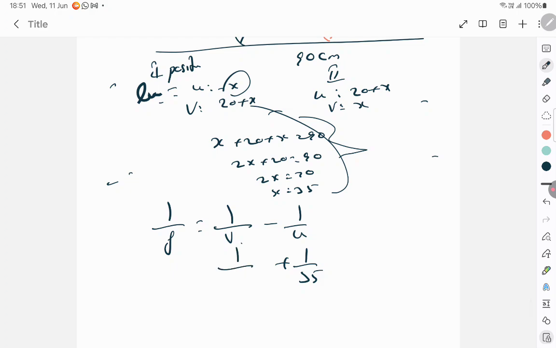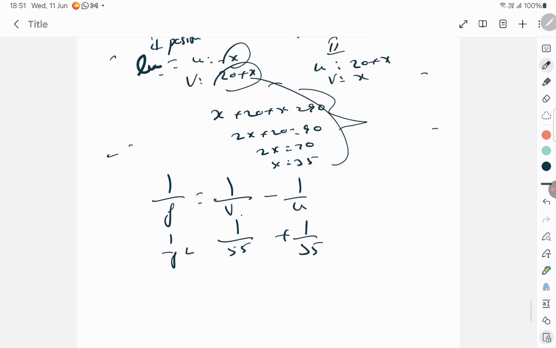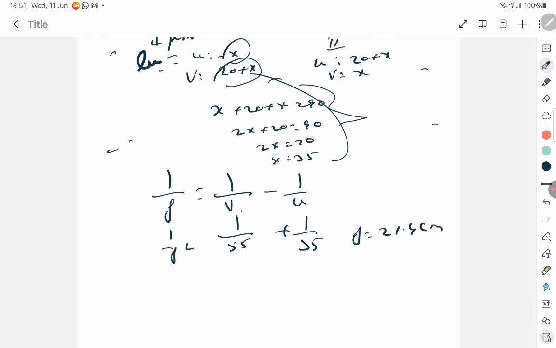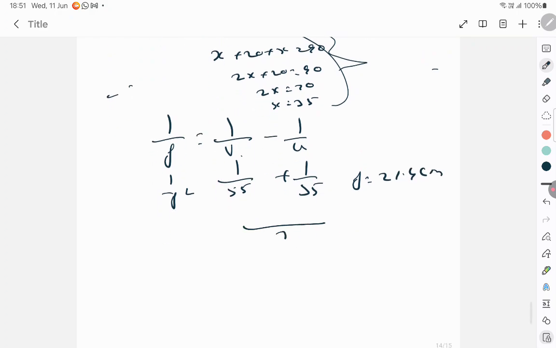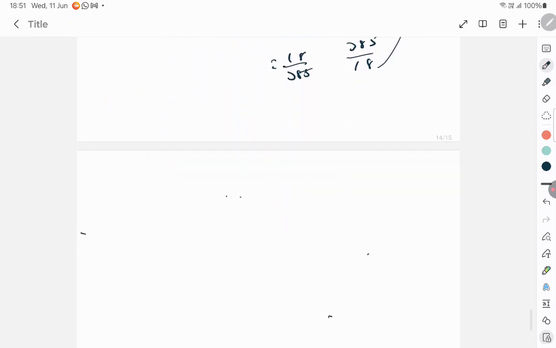And you know the v is 20 plus x, so it's 1 by 55, is equal to 1 by f. When solving this, you get the focal length to be 21.4 centimeter. You can take the LCM, which is 385, and 11 plus 7, and then reciprocate those values. So you get 18 by 385, and reciprocating that is 385 by 18, and you'll get this as the focal length, and that's another sum.